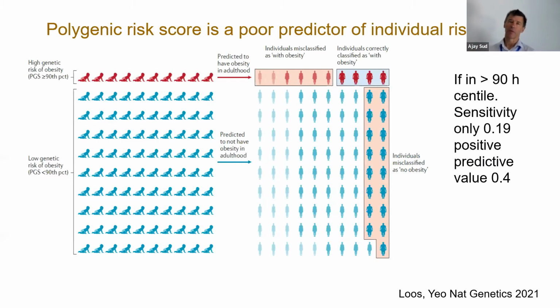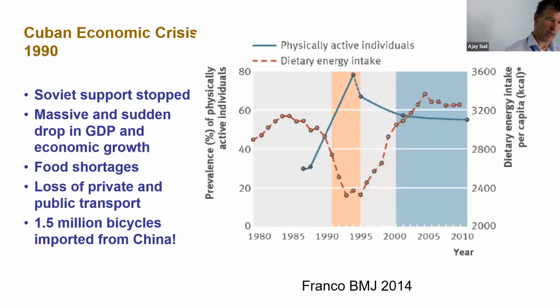I just want to spend a couple of minutes talking about a study which is quite an old study now, but I think demonstrates the power of the environment, even if the genes don't change. This was a longitudinal study published in the British Medical Journal a few years ago that looked at what happened to the population of Cuba before, during, and after the economic crisis that occurred when the Soviet Union collapsed in 1990.